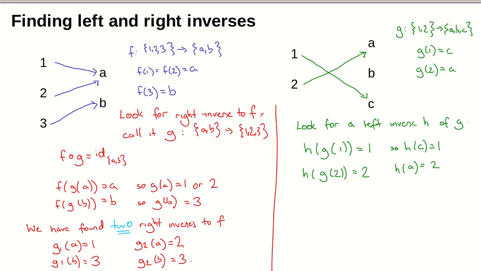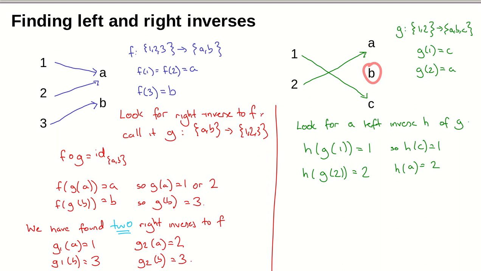In particular, we don't have any condition at all on where h sends the element b. So we can in fact send b absolutely anywhere. It doesn't matter. h will still be a left inverse to g.